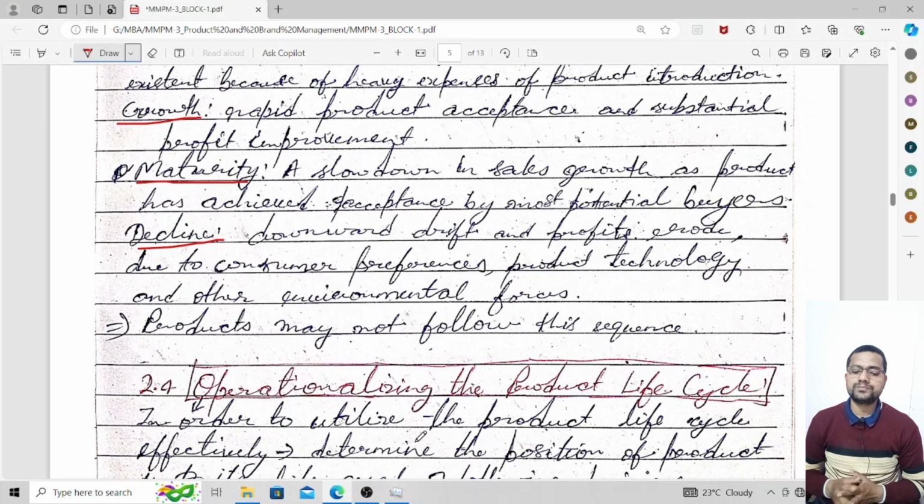Those forces also affect demand, so in the decline stage there is downward drift and profit erosion.